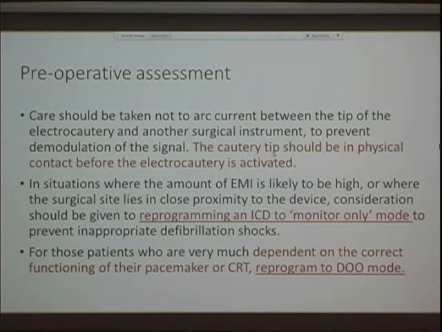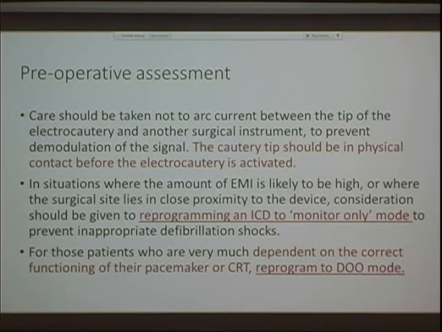So, and I've been bad at this as well, start the cautery 3 millimeters above the site of incision. And if you're in contact, then start the cautery, you'll have less interference than if the current has to jump in the air. But I think the key is to keep the grounding pad as close to the tip of the electrocautery as feasible, and secondly, the current direction should be away from the pacemaker or defibrillator.